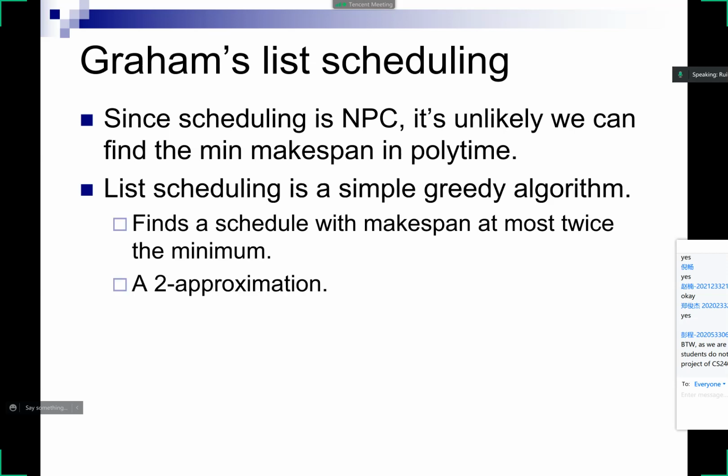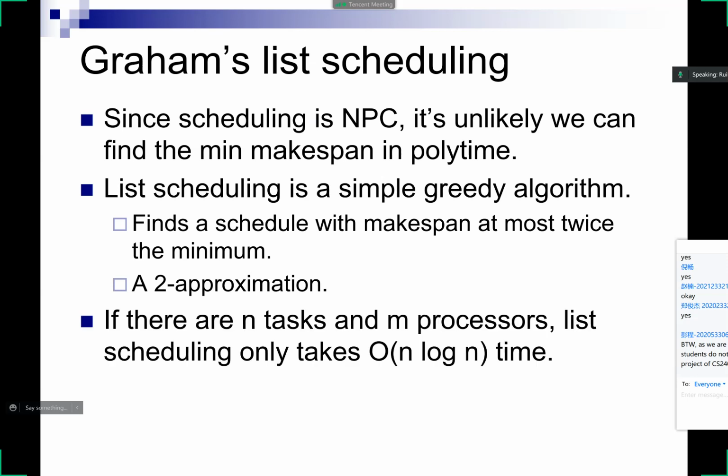There are many good properties about this algorithm, so in practice it is used quite often. Graham's algorithm is basically a greedy algorithm, or it's not even greedy; it's just very simple. Assume you have n jobs and m processors.